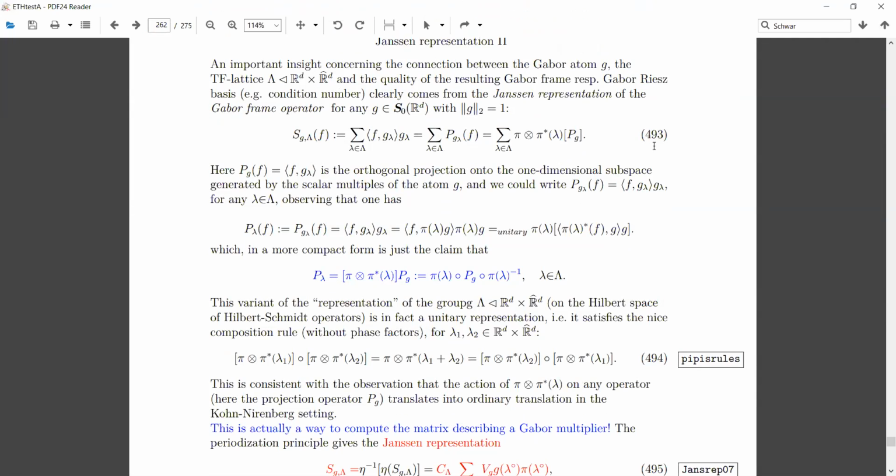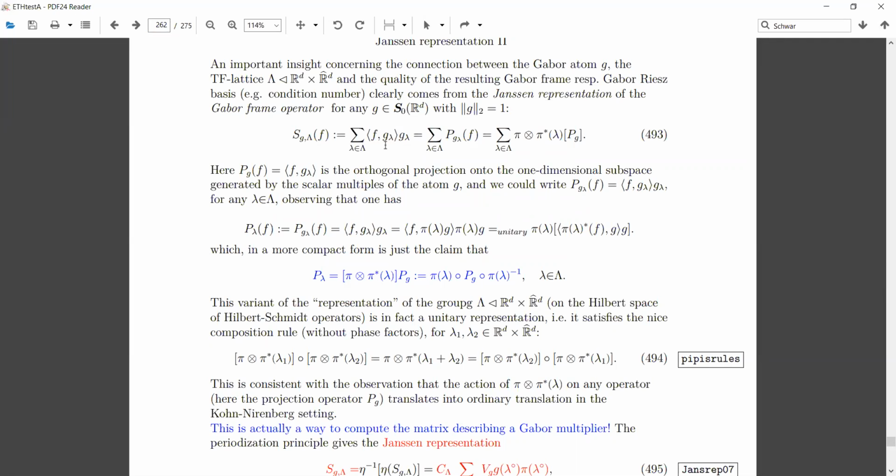Formula 493: the Gabor frame operator is the operator which plays the significant role in doing Gabor expansion. In my terminology, it uses the given redundant Gabor family, as we know, as if it was an orthonormal system. So we are taking coefficients with respect to the family and using these as coefficients for atoms.